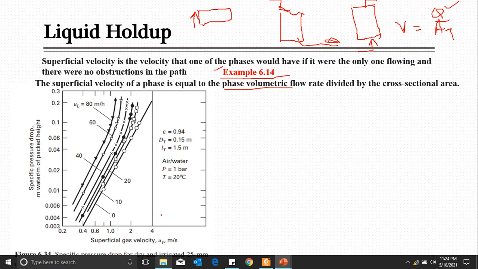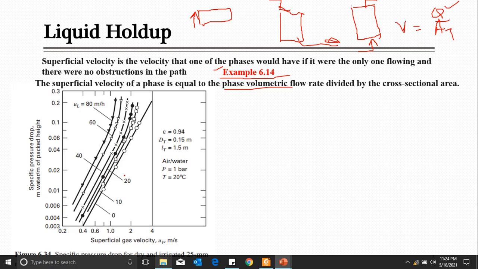And the scientists already mentioned developed a number of such data points with various packings and various systems, and then they arrived at some correlations for liquid holdup.